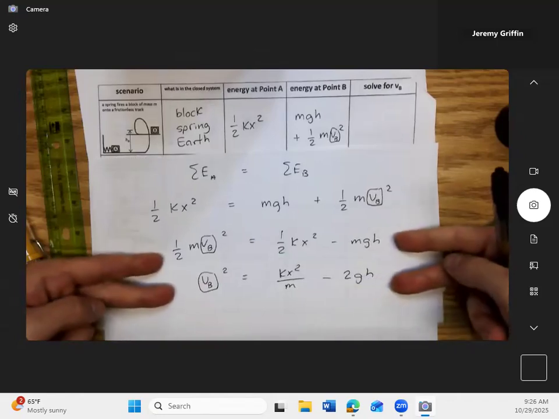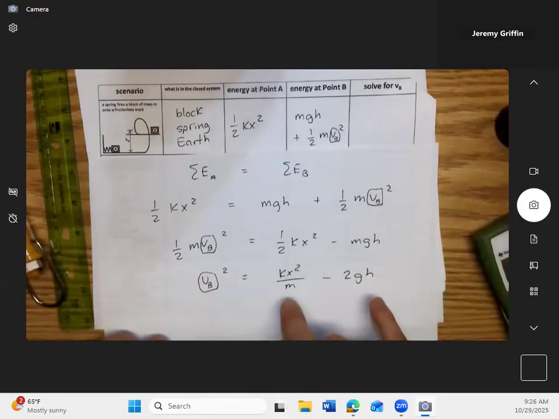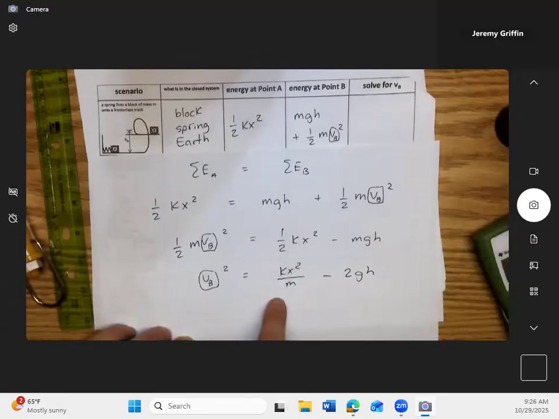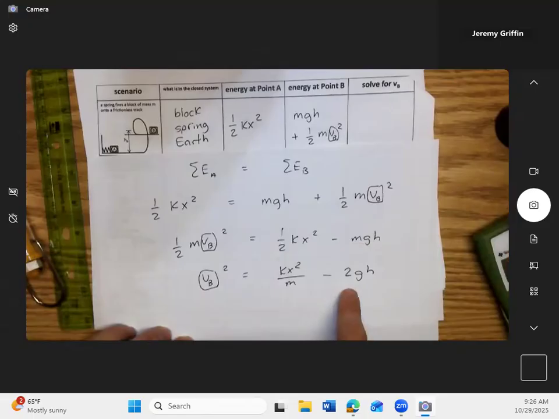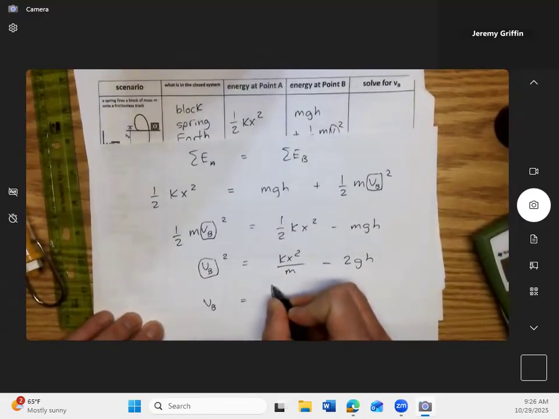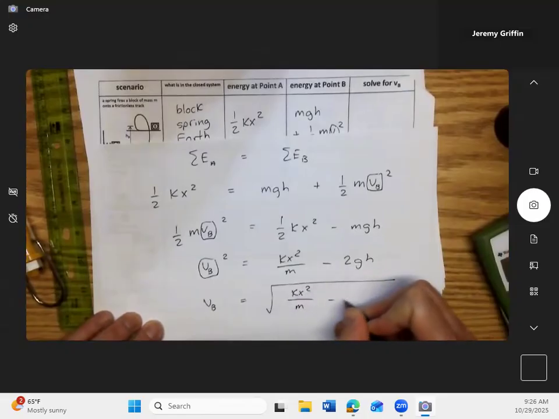Because I did 2 steps from here to here: I multiplied both sides by 2, and I also divided both sides by the mass. On the right side, I had to do that to each term. So the 1/2 disappeared here, and then divide by mass, and a 2 popped up here, and then divide by mass. And the last step is square root, and this whole expression is under a root.